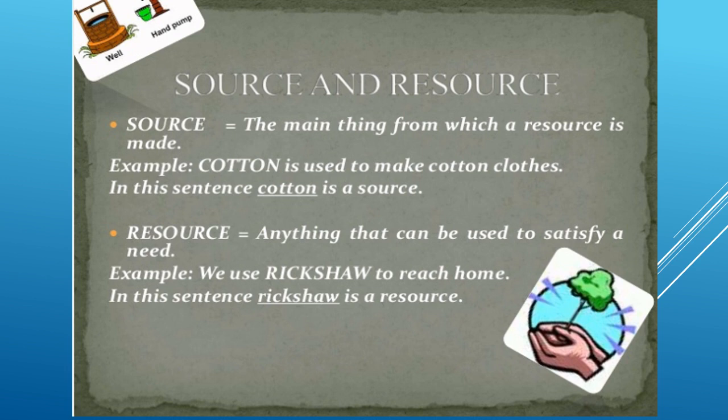For example, chair, table, rickshaw, electricity, water, bag, mobile, all these satisfy our need, so they are resources. I hope you are clear between source and resource. Source is a thing from which a resource is made and resource is used to satisfy a need. For example, cotton is a source and cotton shirt is a resource.